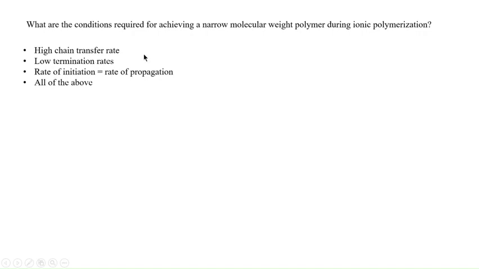If the chain transfer rate is very high, it will just shift the activity of one chain to another without having a very long chain. So if we want a long chain, the termination rate should be low so that the highest molecular weight can be achieved, and the rate of initiation will be equal to the rate of propagation so that new chains are being formed very quickly.